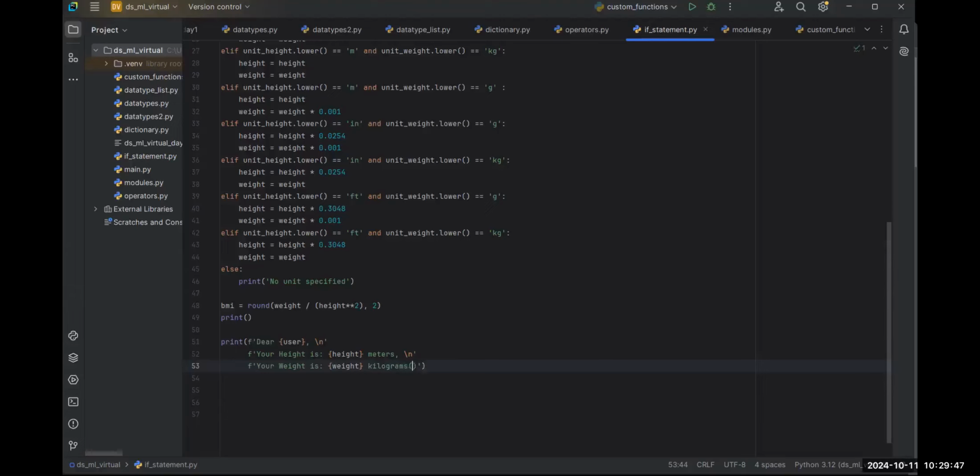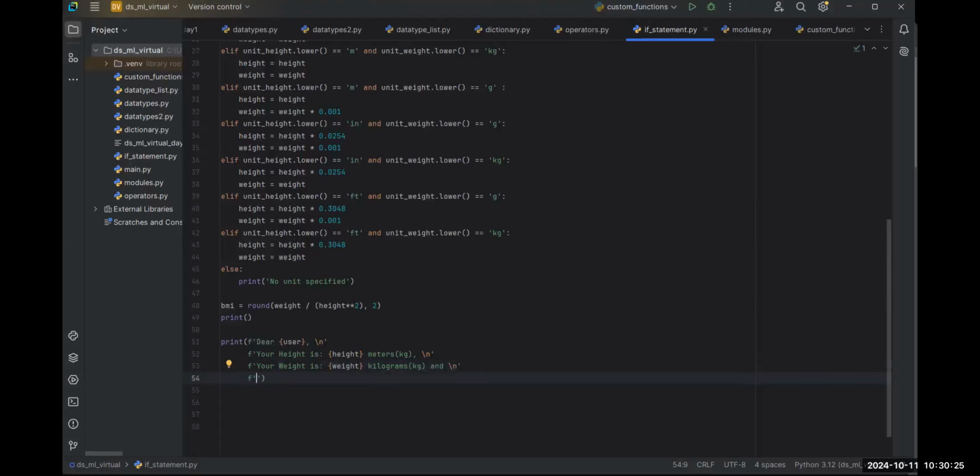So we can even specify here as kg. We said, dear user, your height is so and so meters. Your weight is so and so kilograms. Now, and a line break.